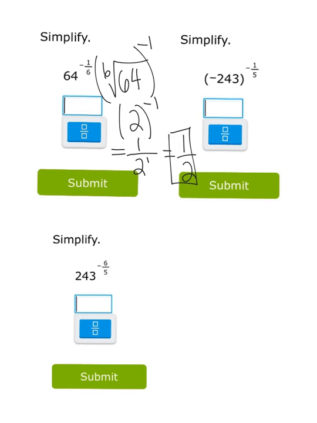All right, for the next one, I would have the 5th root of negative 243 all raised to the negative 1. So the 5th root of negative 243 is negative 3, and I would raise that to the negative 1. So I need to rewrite this as a fraction, okay?